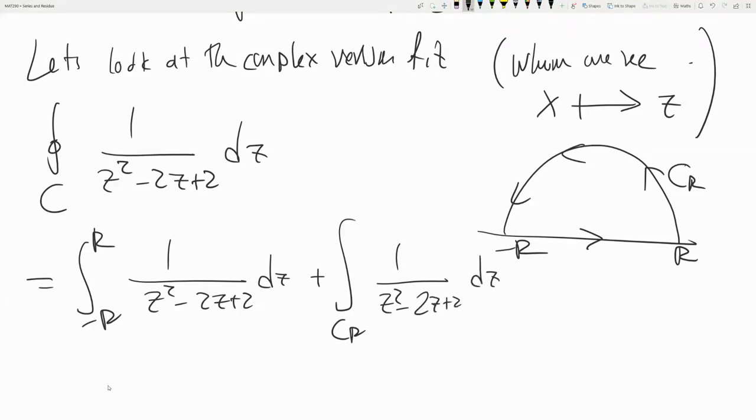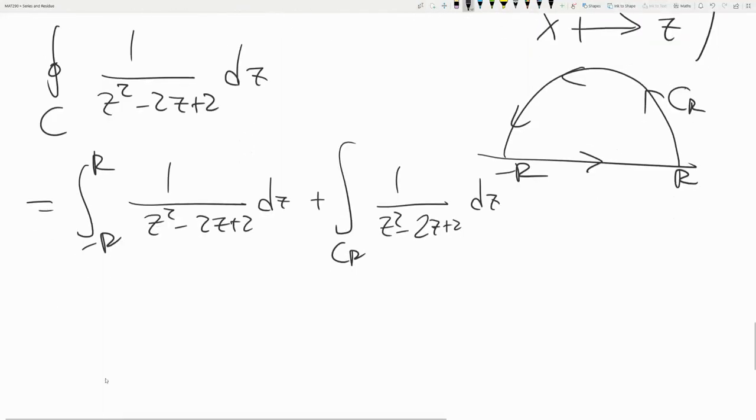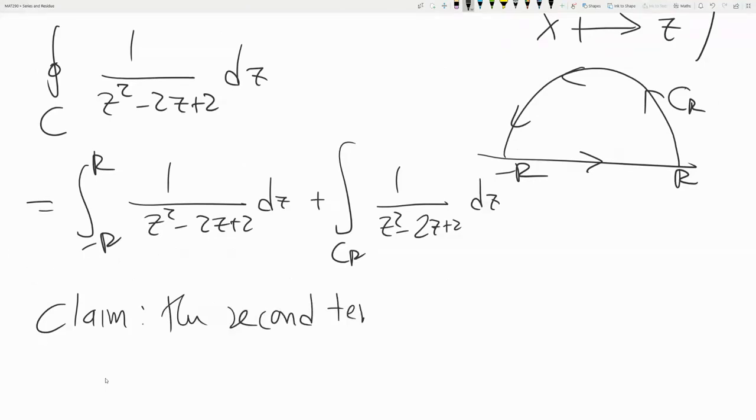Okay, fine. Claim: the second term goes to 0. Let me do that first and then we'll do residue.